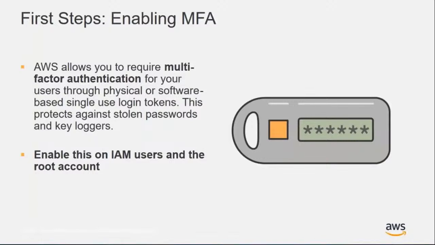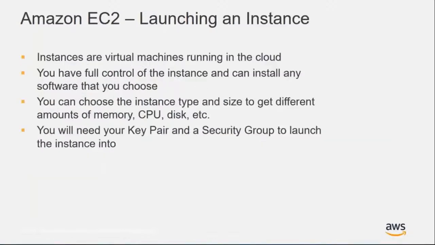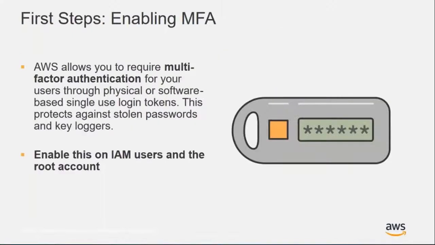The second and most important step is enabling MFA, that is multi-factor authentication. AWS allows us to do multi-factor authentication for the AWS account and users. Physical or software-based tokens are created, and this protects against stolen passwords and keyloggers.